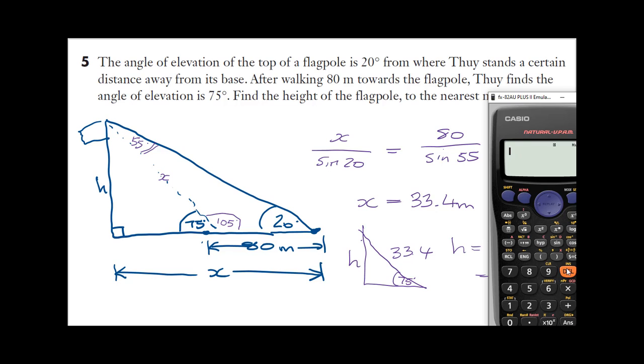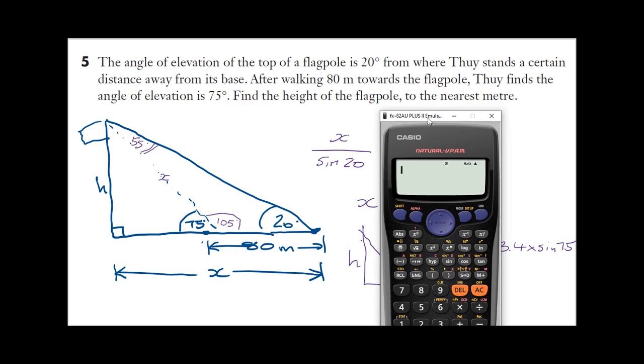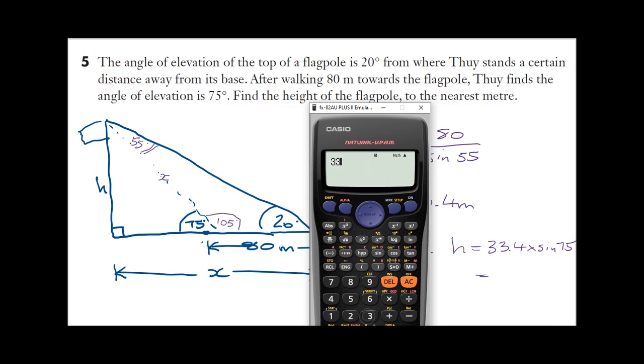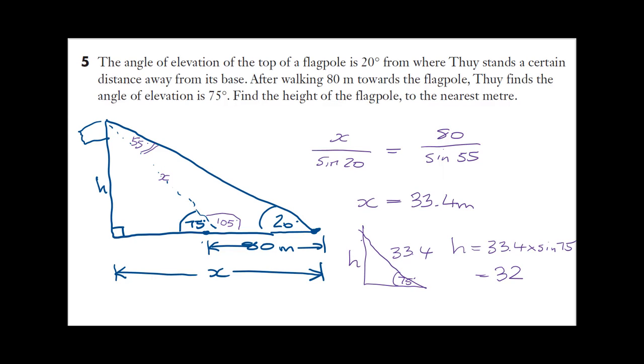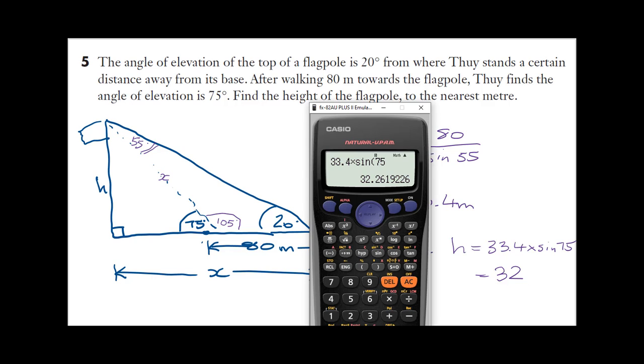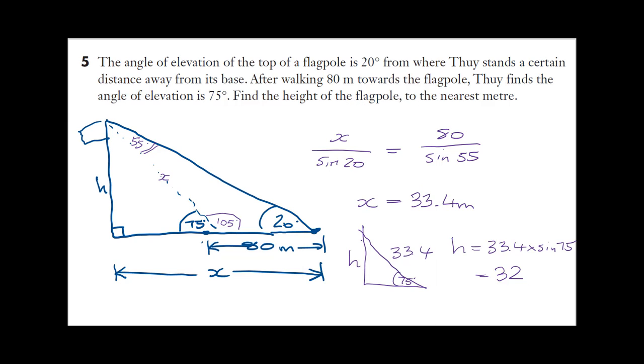Get that calculator back out. 33.4 times sine 75. For a final answer, it's almost 32.26. To the nearest metre, it'd be 32 metres.